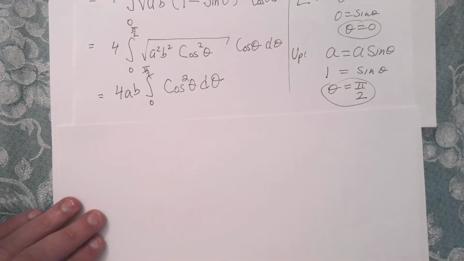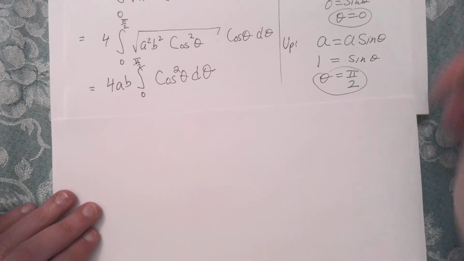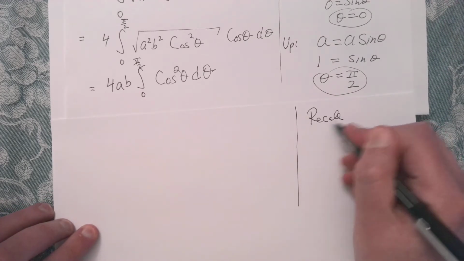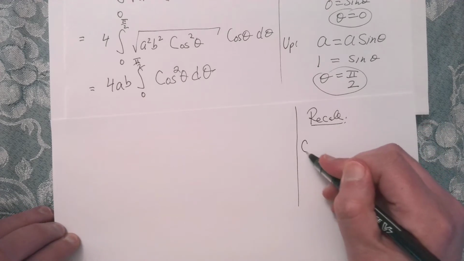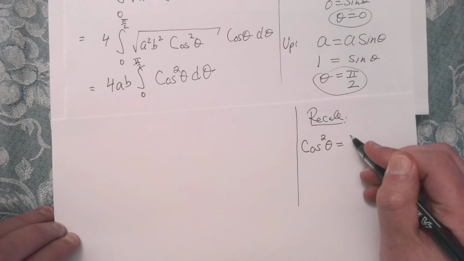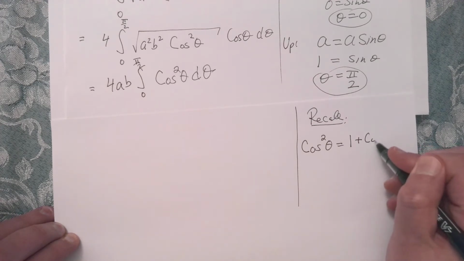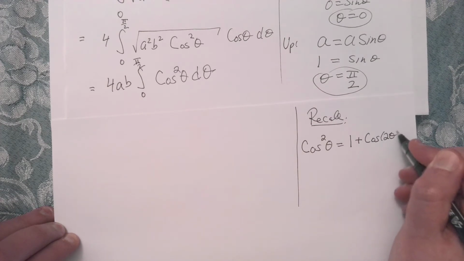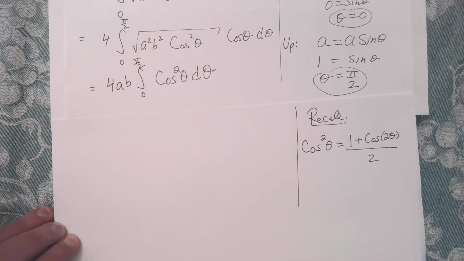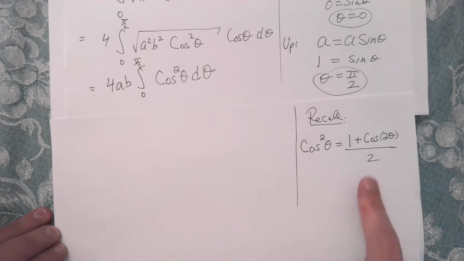And so now we want to recall a power reducing formula. So in fact, let's just say recall that cosine squared of theta is equal to 1 plus the cosine of a double angle over 2. So we call that the power reducing formula, but it does come from the double angle formula for cosine.